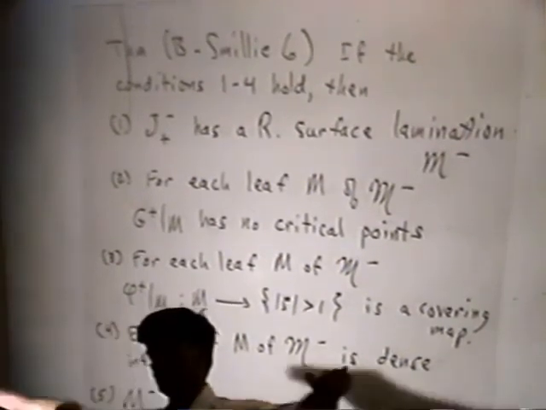Now, the connection with laminations is that in case J is connected, this set J minus plus, the set where things stay bounded in negative time and go off to infinity in positive time, in fact has a Riemann surface lamination. It's no surprise, but the function G plus has no critical points.